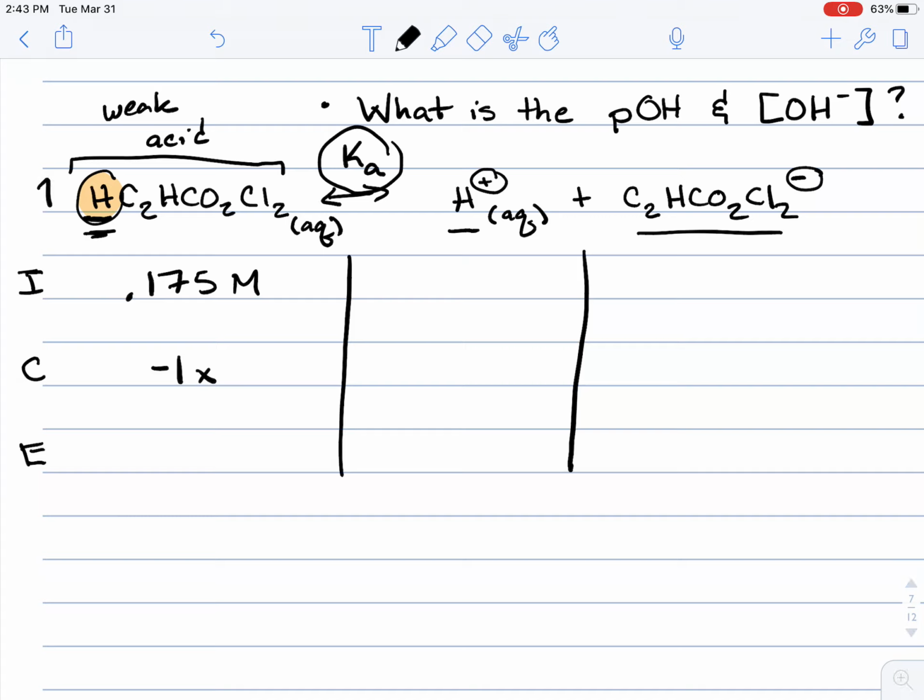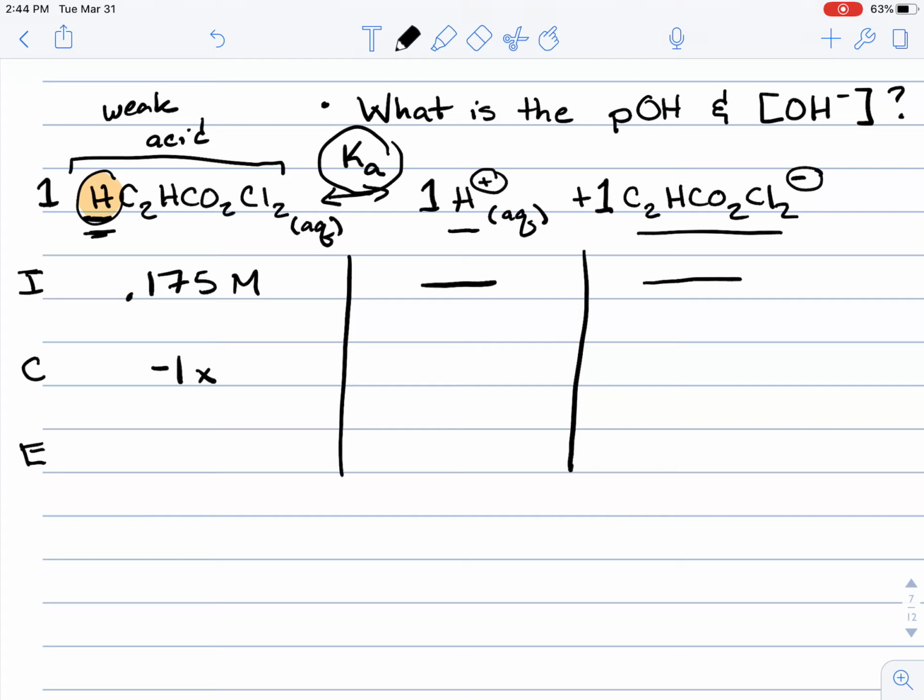And once again, since we're just separating the hydrogen from its anion, everything is a 1-to-1-to-1 ratio. Since the problem did not give us any initial concentrations or initial amounts of the proton and the conjugate base of dichloroacetic acid, we're just going to leave them blank.